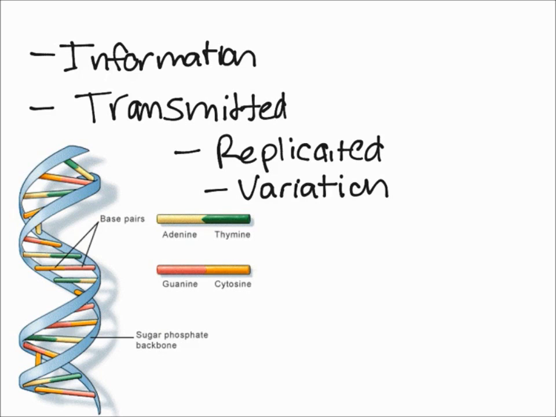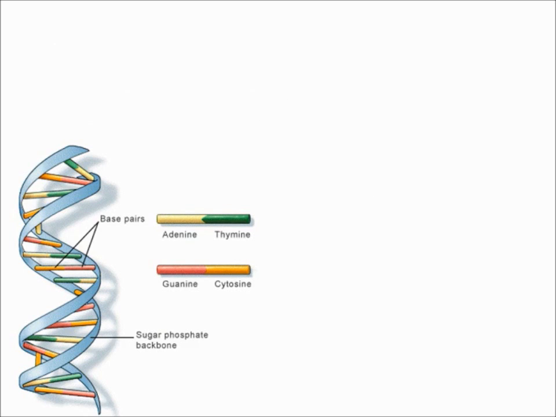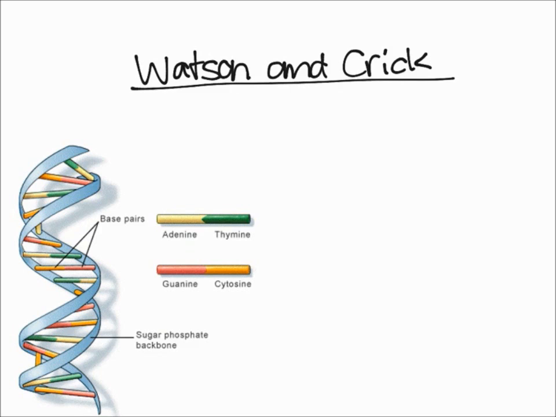And so let's talk a little more about the structure of DNA. And so this DNA model was created by Watson and Crick. And what they did to discover the double helix model was they used X-ray crystallography from Rosalind Franklin.